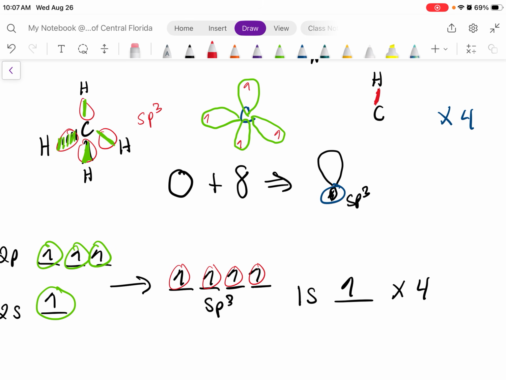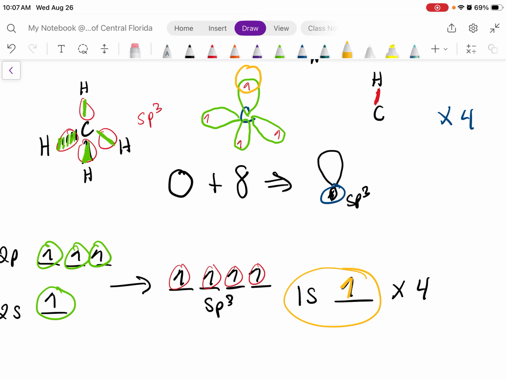Let's give a yellow color here. So one of the hydrogens is going to come with a 1s orbital, because that's what orbital the electron is in for the hydrogen atom.